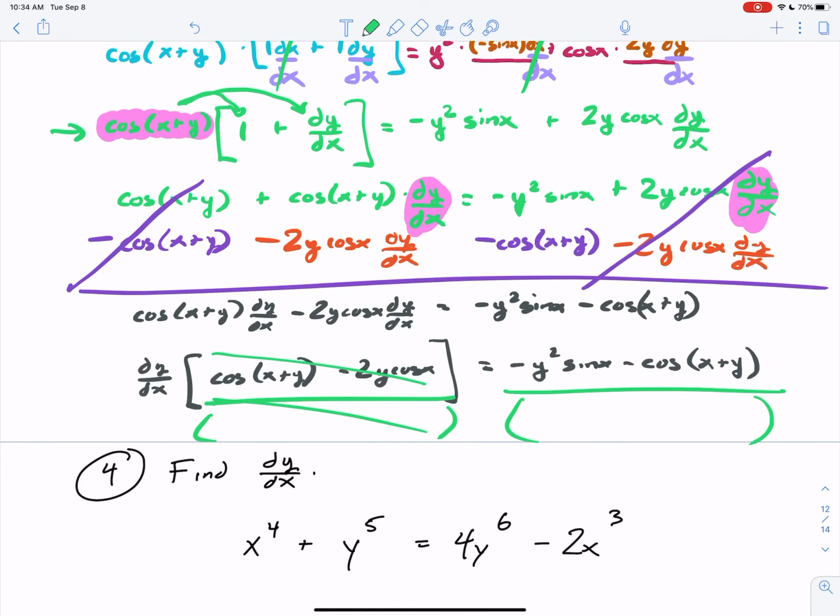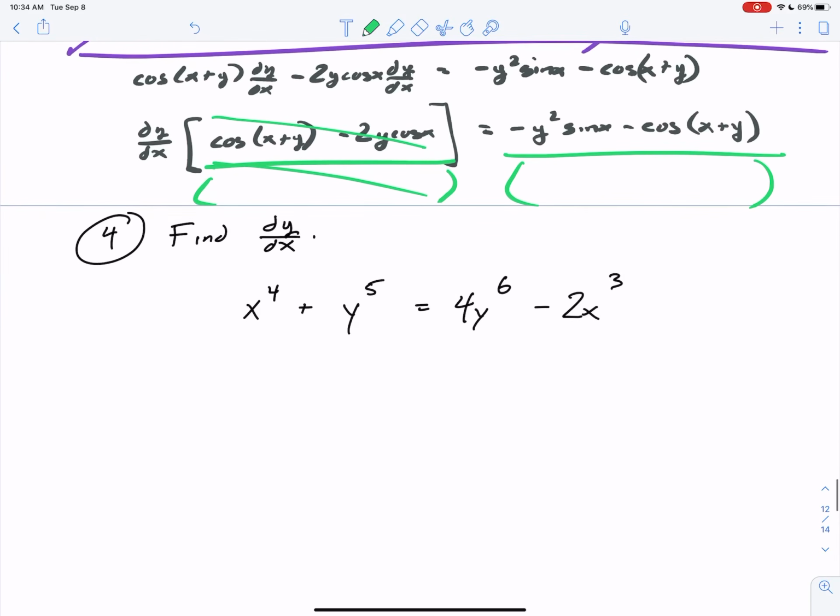Okay, so how do we make things a little bit simpler? So this is the last one for the day, all right? Okay, so here's what we do. Go ahead and write that down. Find dy dx.